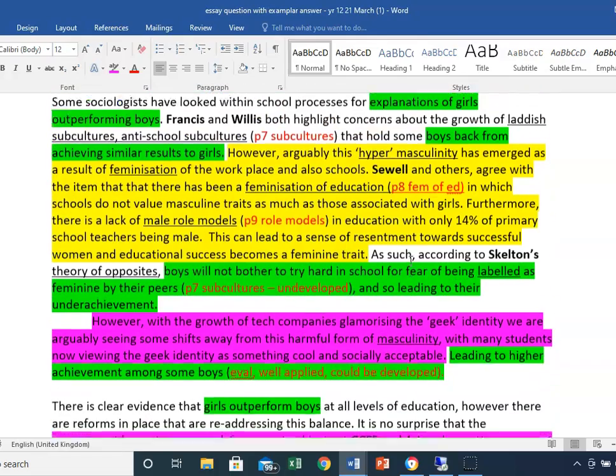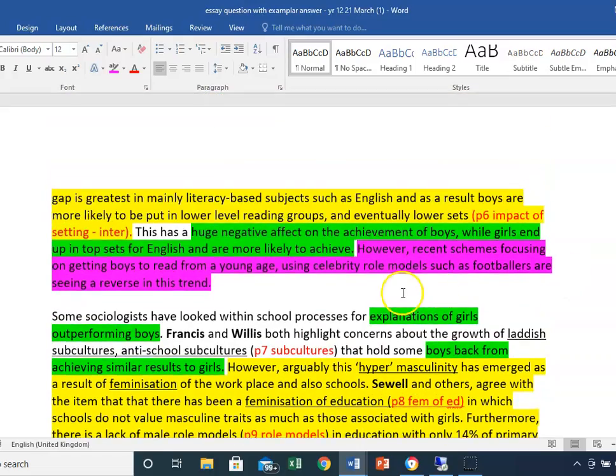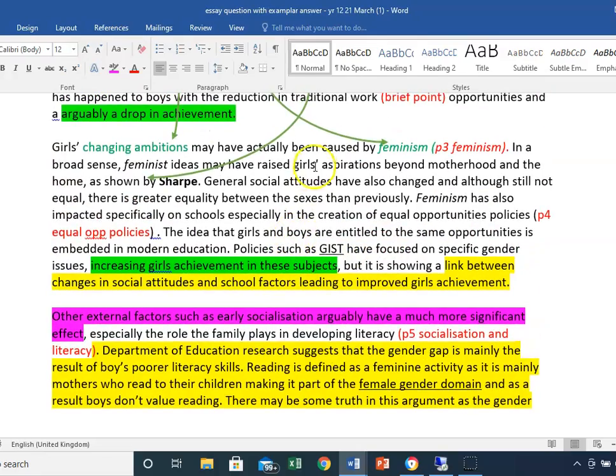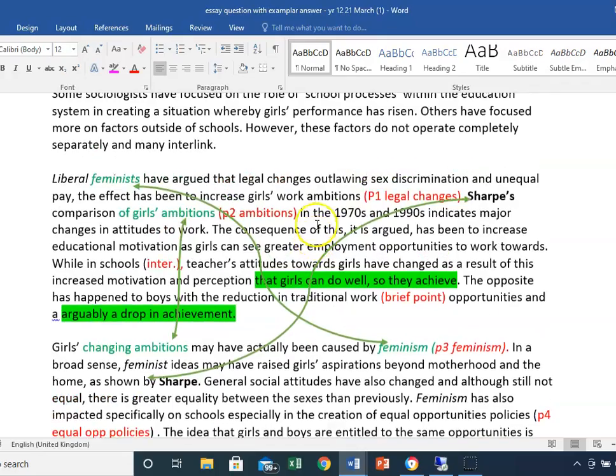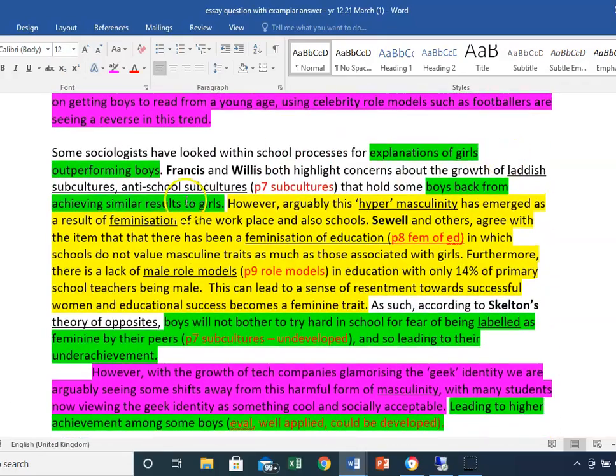Okay, and how many interrelationships did we spot? Well, that's external. So there's 1, 2, 3, and actually here we got how connecting subcultures to the feminization of education. So that's, I guess actually that is also an interrelationship as well.